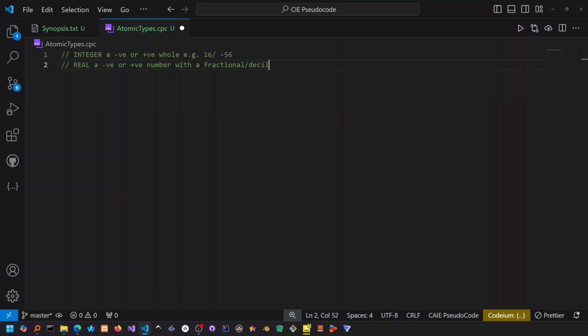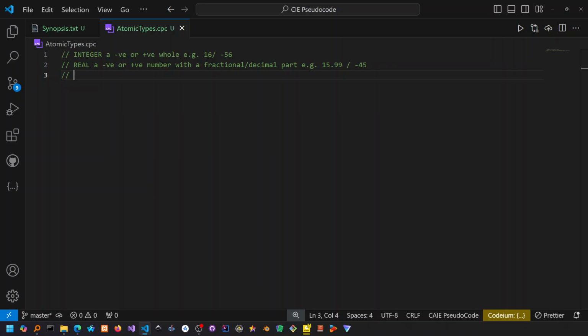So it's fractional, or more specifically a decimal part. Right, so for instance, you could have the price of an item is $15.99, or you could have a temperature like minus 45 degrees Celsius. Maybe this would be in the freezer of some sort.